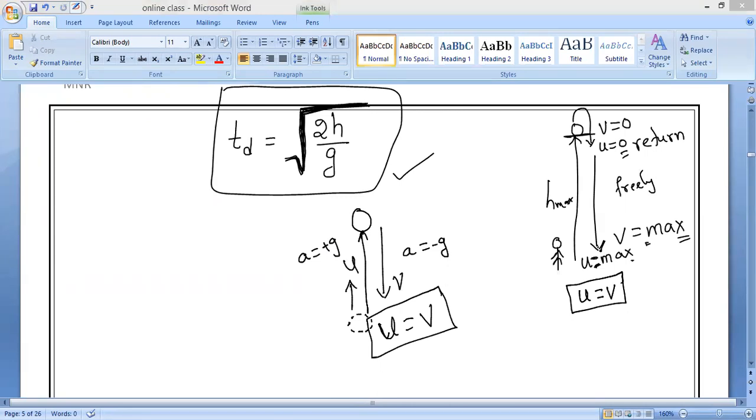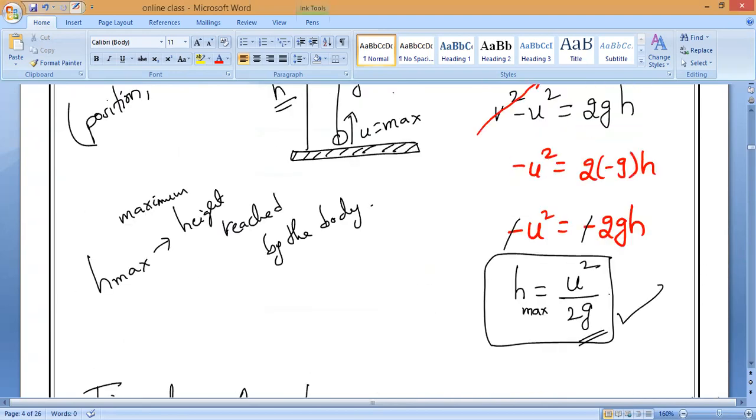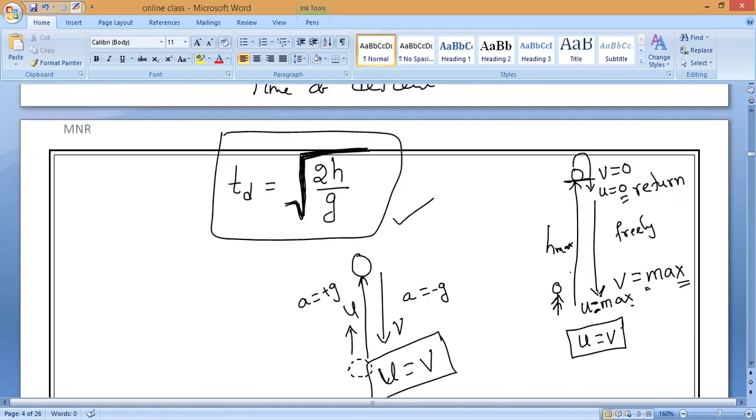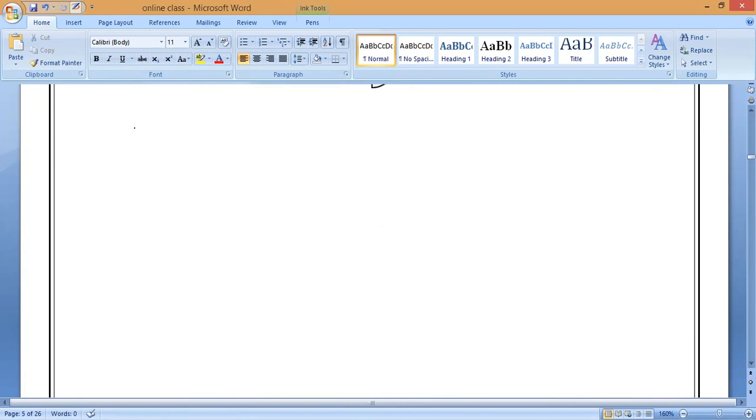Now, you tell me, as we already derived, what is the formula for the maximum height reached by the body? Today only we studied. h max is equal to u square divided by 2g.